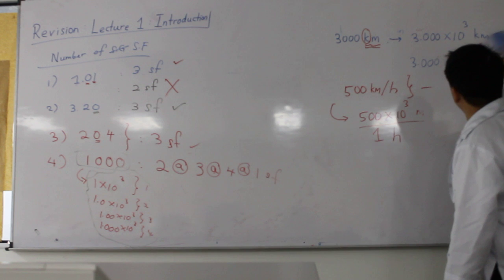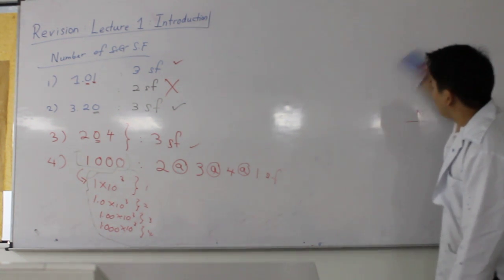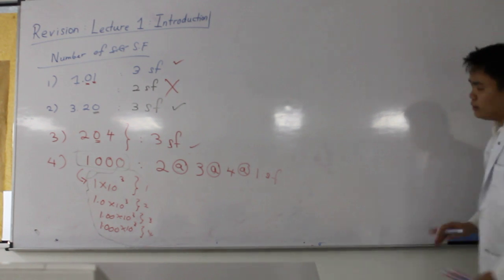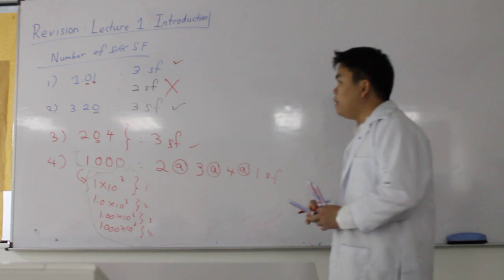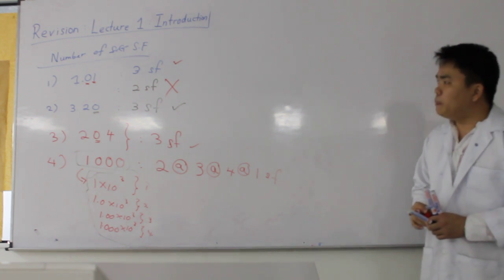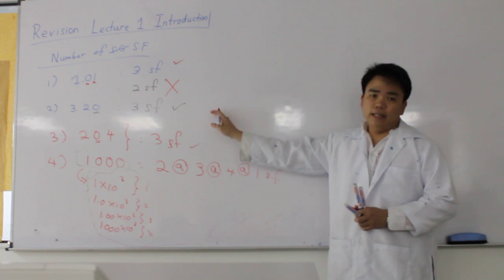On the other hand, before we move further, there is another thing that we need to consider, which is decimal place. But as I introduced just now, decimal place is basically more for plus and minus.